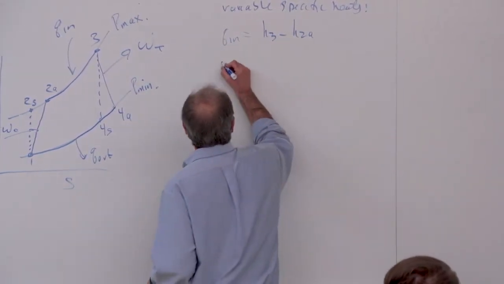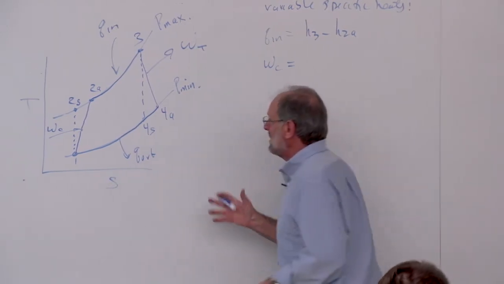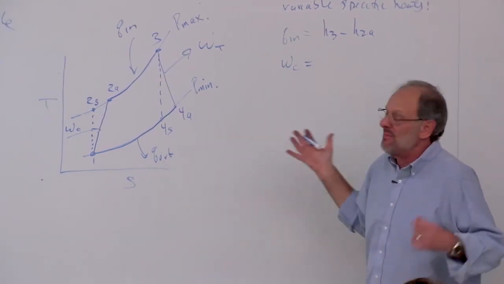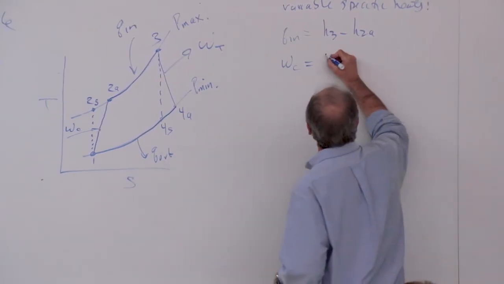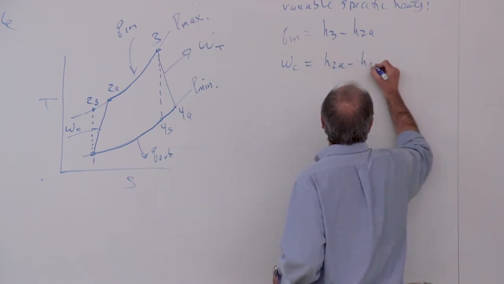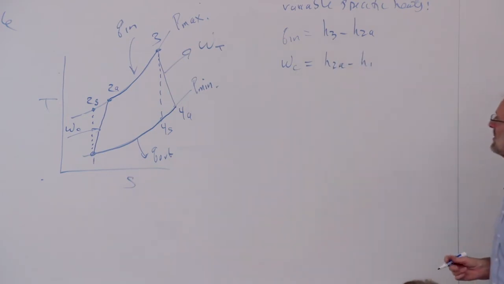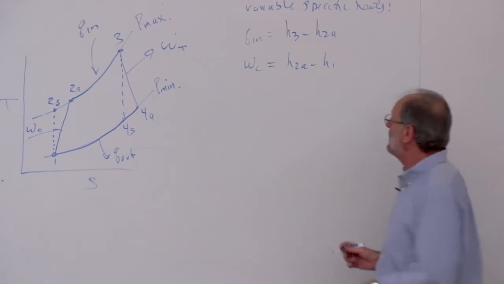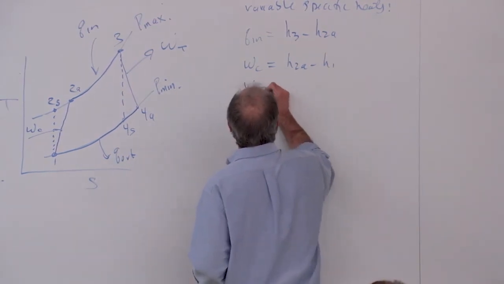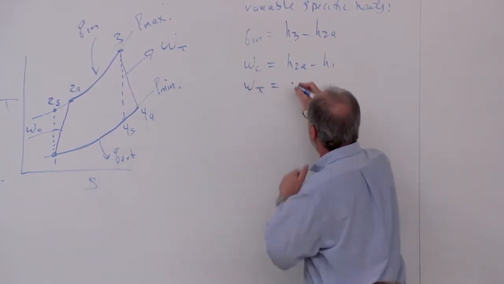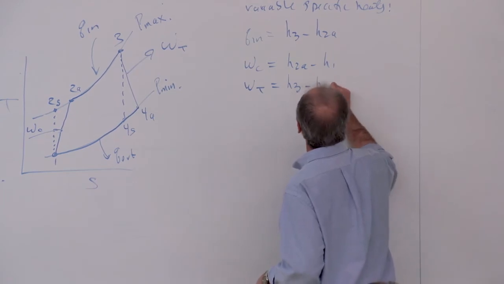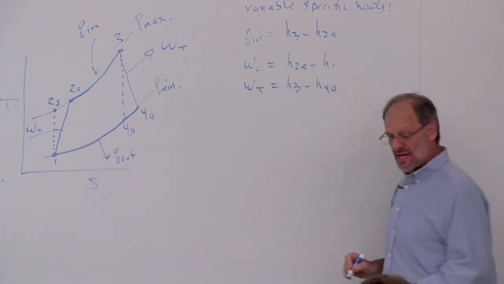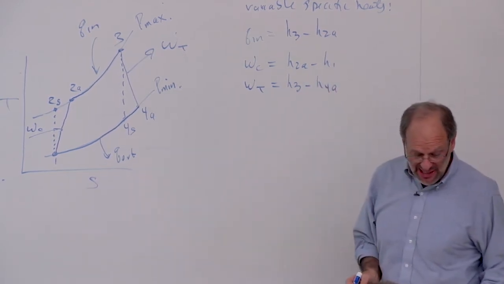We know that the work input to the compressor is also just the enthalpy change, but again, it's from 1 to 2a, not 1 to 2 or 1 to 2s, so we'll just write this as H2a minus H1. We also know that the work out from the turbine is from 3 to 4a. So that's another equation that we're going to have to utilize.